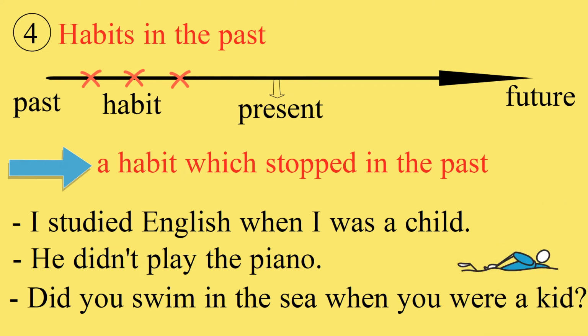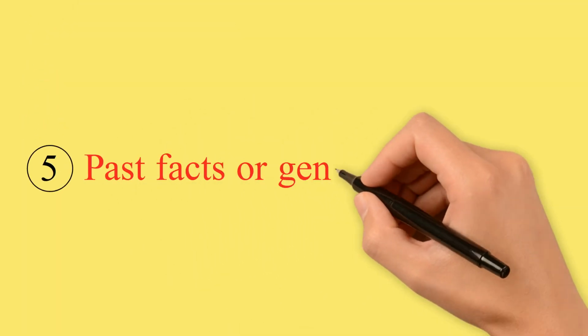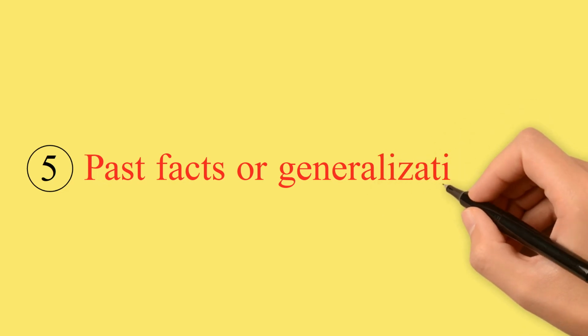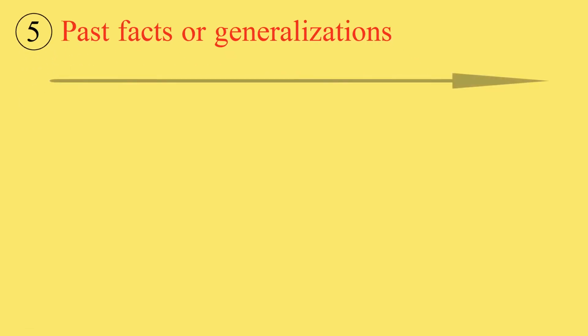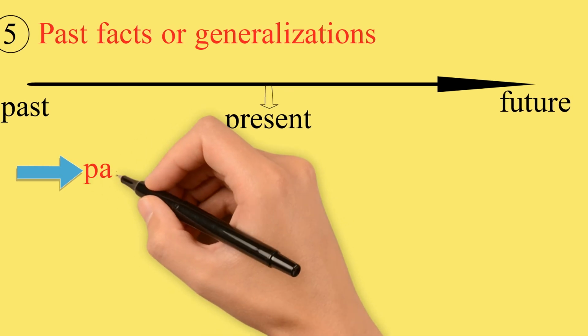Use 5. Past facts or generalizations. The simple past can also be used to describe past facts or generalizations which are no longer true. As in use the fourth above, this use of the simple past is quite similar to the expression used to.